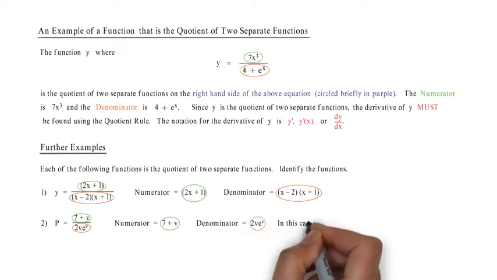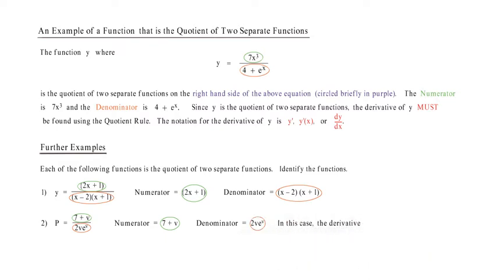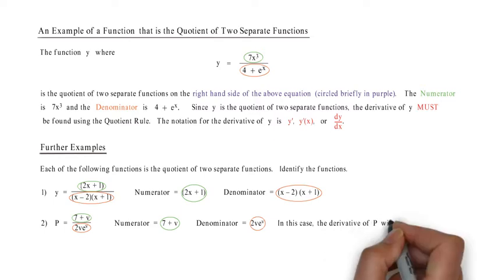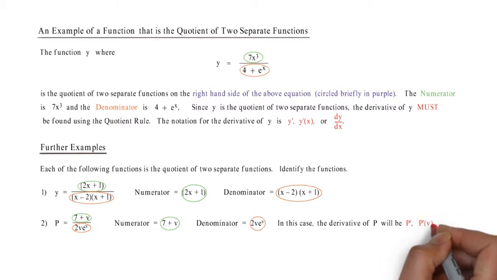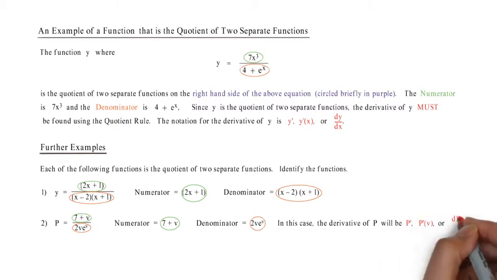In this case, the derivative of p will be p dash v or dp by dv.